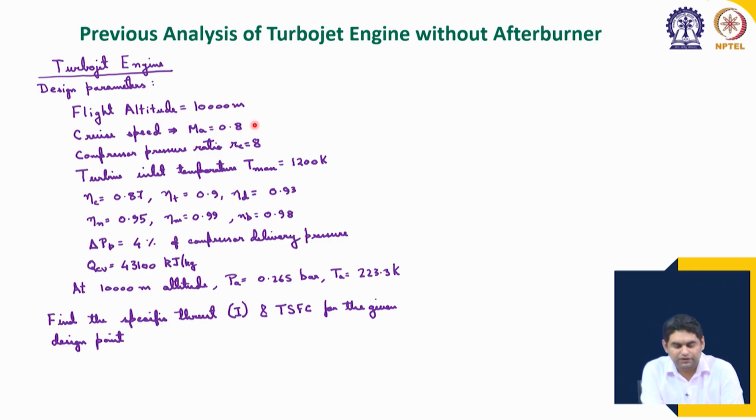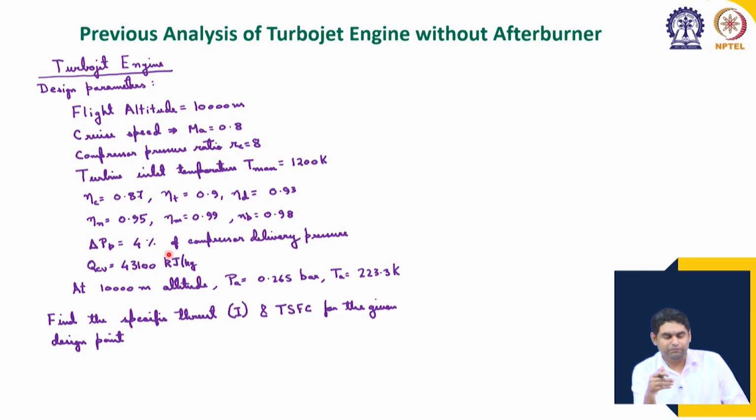The flight Mach number was 0.8, the compressor pressure ratio was 8, and the maximum temperature, or turbine inlet temperature, was 1200 Kelvin. All the component isentropic efficiencies were given. There was 4% pressure loss in the combustion chamber, and the calorific value was also given. We needed to find the specific thrust and thrust specific fuel consumption.